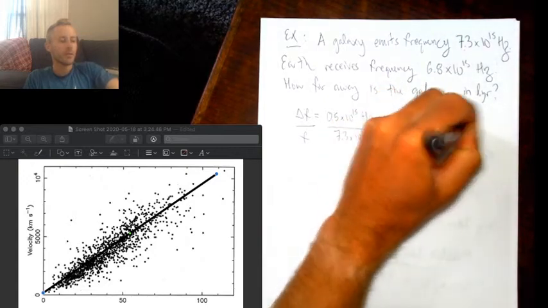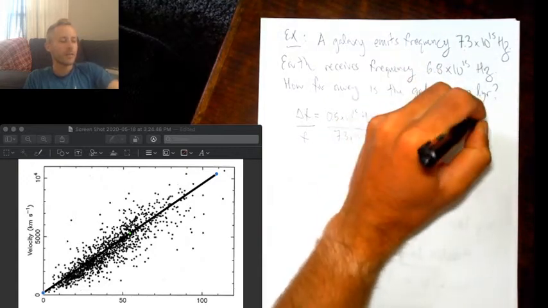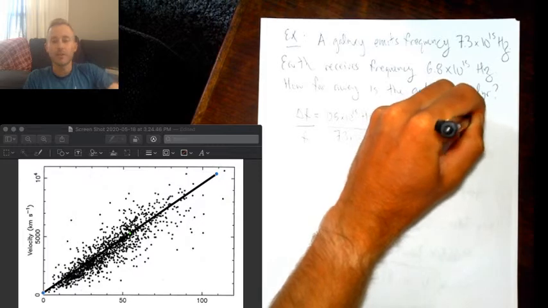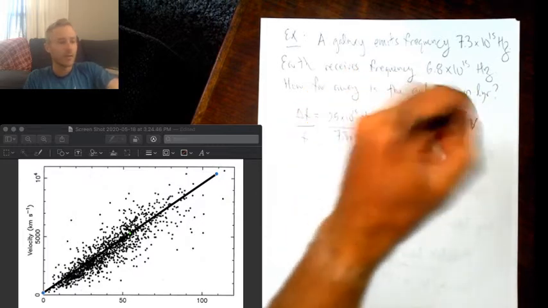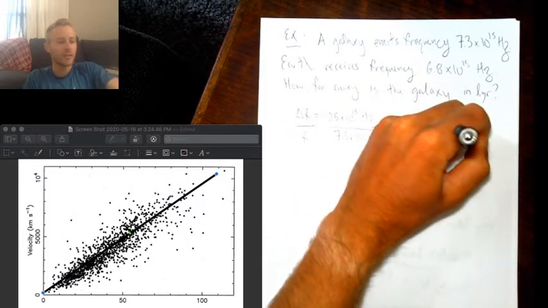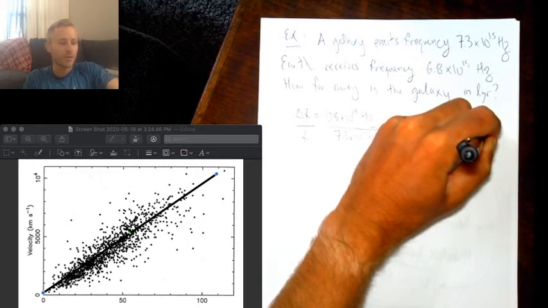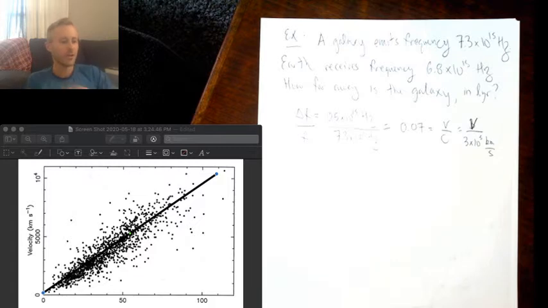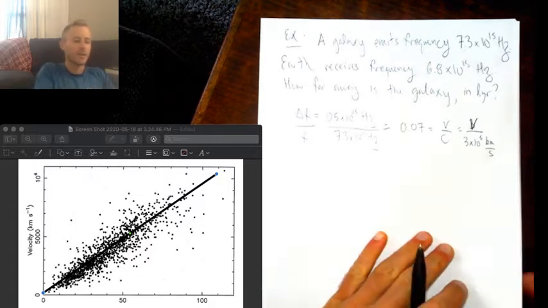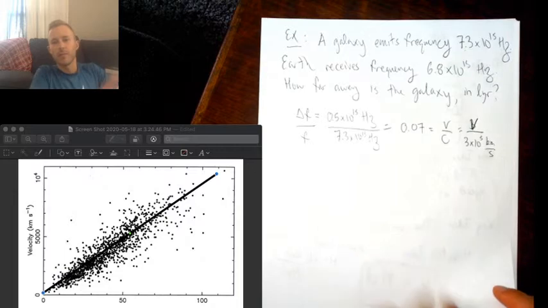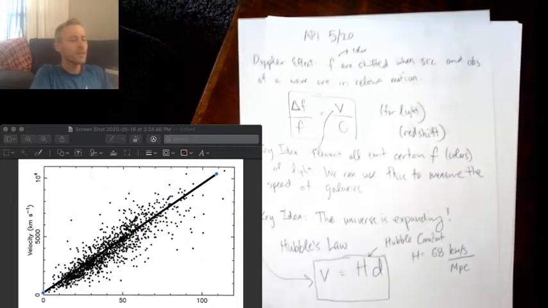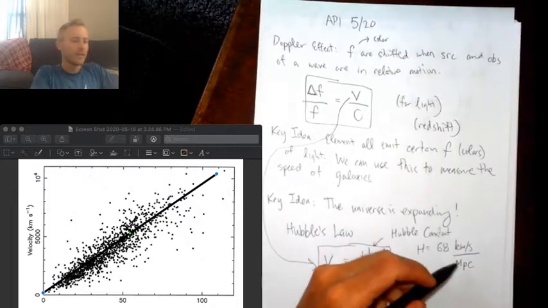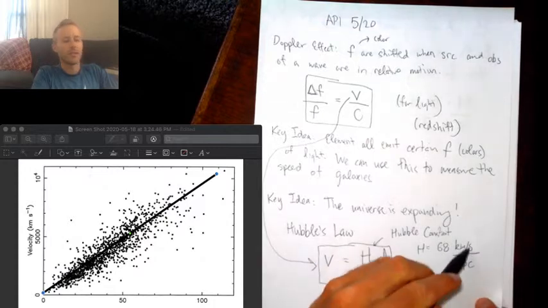Now c is, of course, 3 times 10 to the 8th meters per second. But I'm going to write it as 3 times 10 to the 5th kilometers per second, not meters, but kilometers. Why would I write it that way? Because the Hubble constant is usually expressed in kilometers per second.